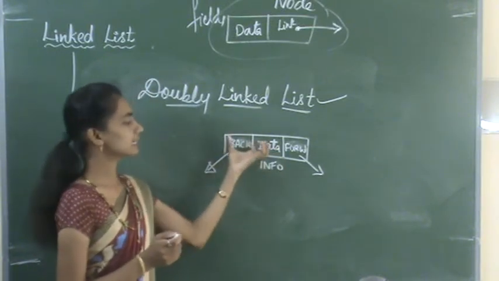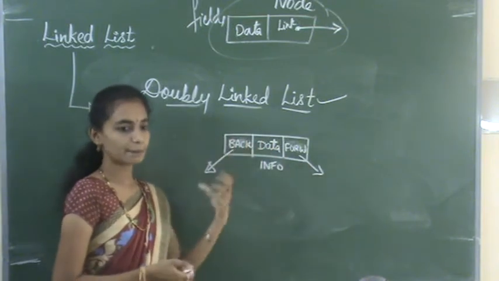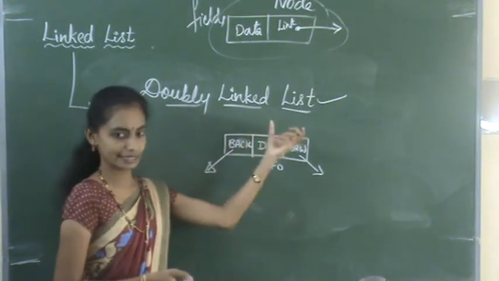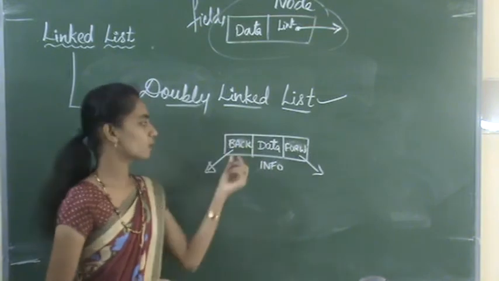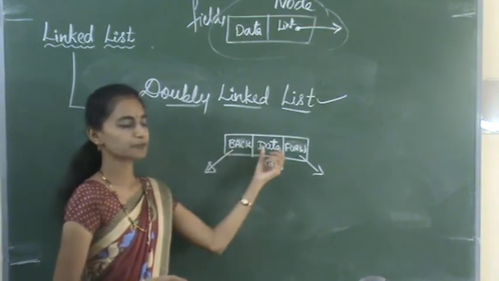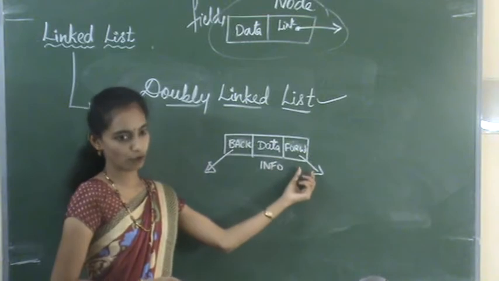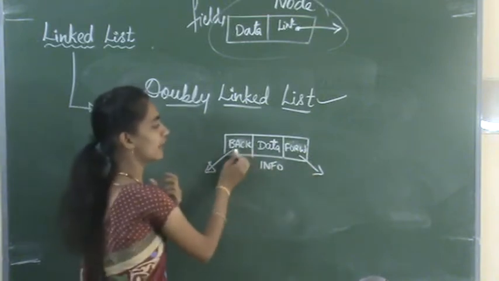So these are the three fields we represent in a doubly linked list: backward field, information field, and forward field. In short form we write like this.